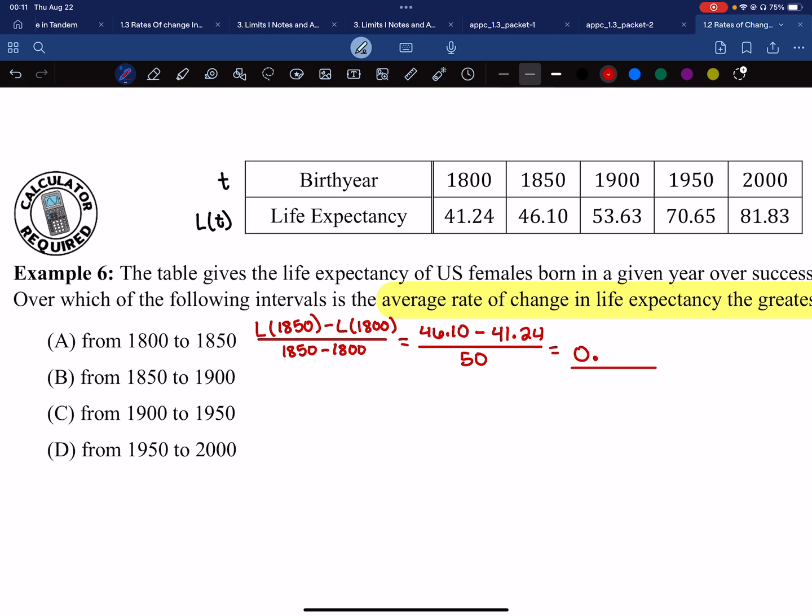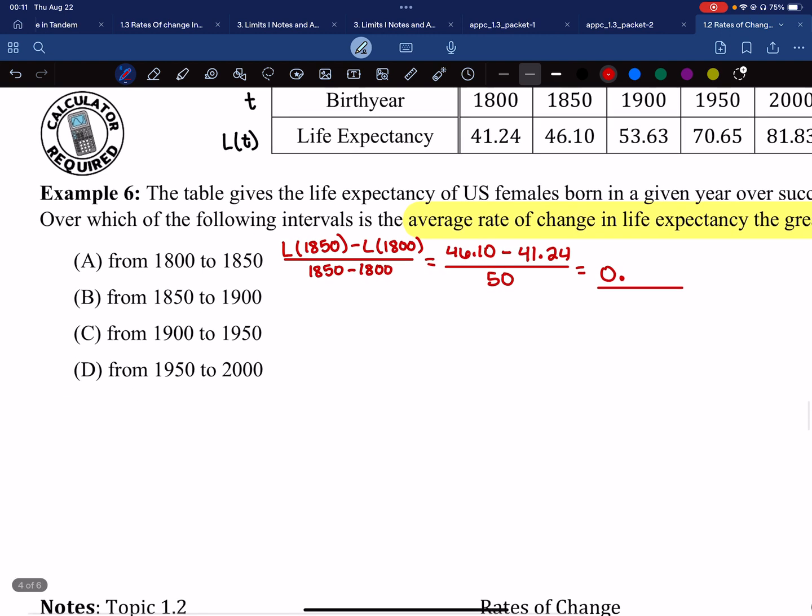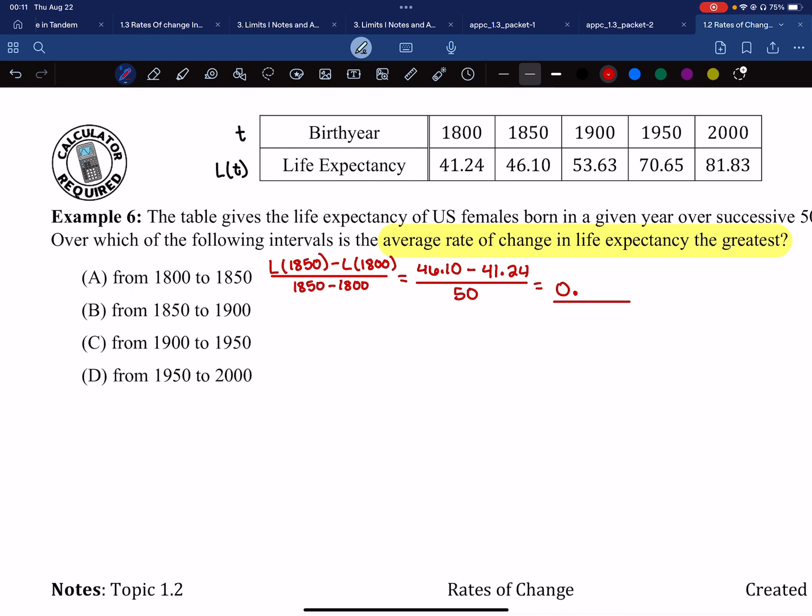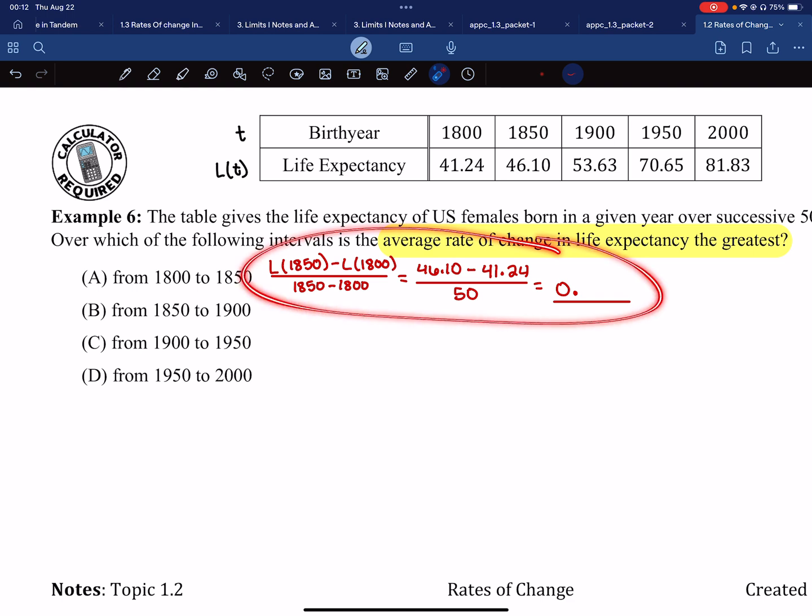So what I want you to do is pause the video, and this is what I'm going to check tomorrow. I want you to make sure that you have all 4 of these written. So I want you to continue doing the same process that we did for A, for B, C, and D. So pause the video and go ahead and write out each of these steps.